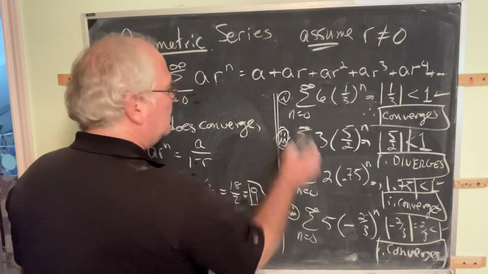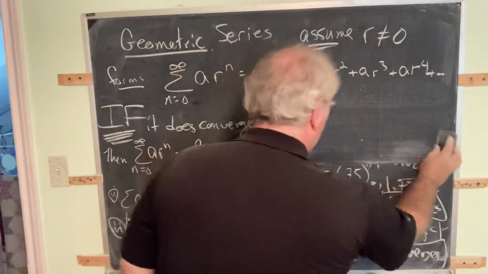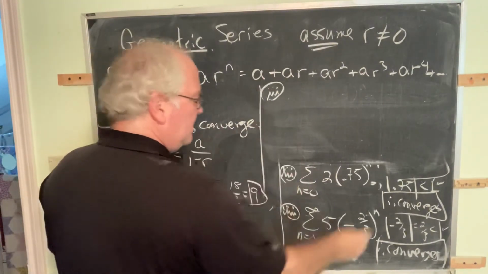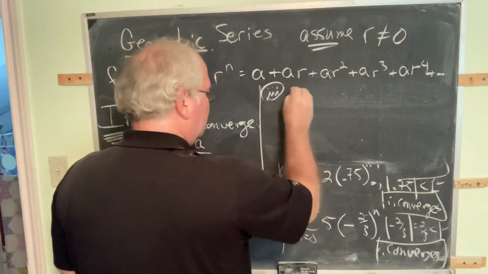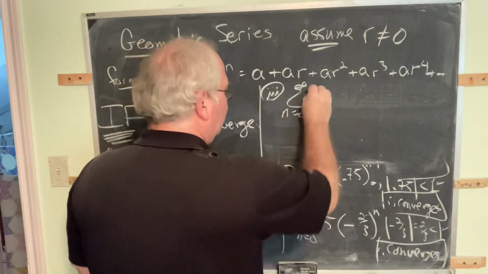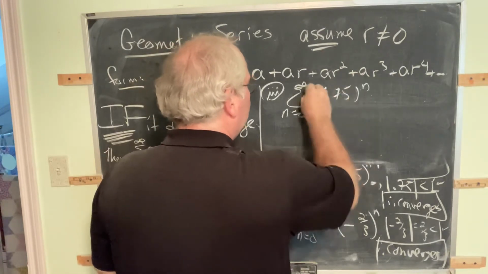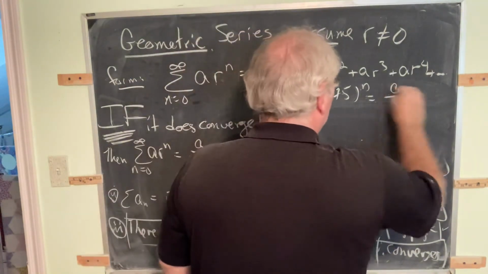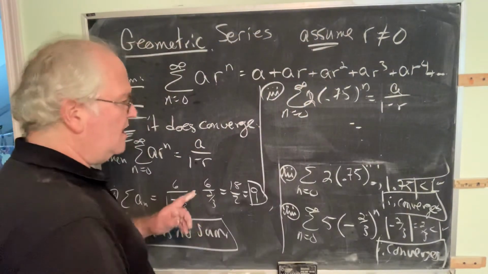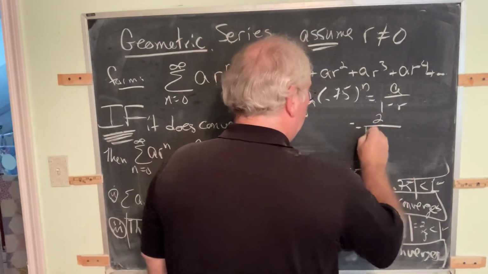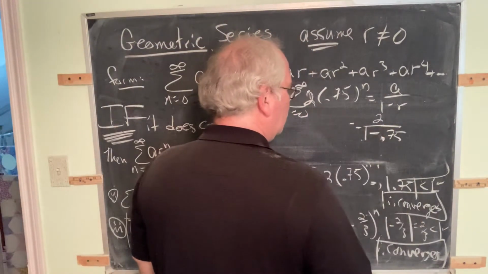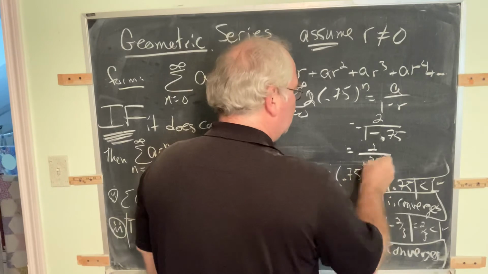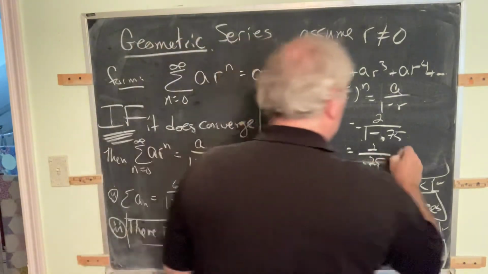All right, let's clear this out. Number 3, this does converge, and so the sum of 2 times 0.75 to the n is given by A over 1 minus R, which in our case is 2 over 1 minus 0.75. 1 minus 0.75 is 0.25. 2 divided by 0.25, I believe that works out to be 8.